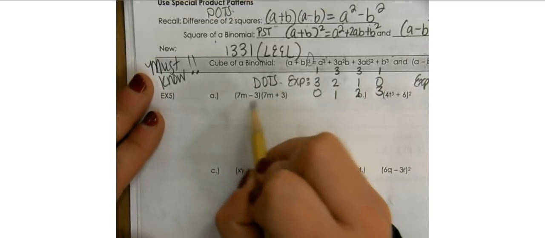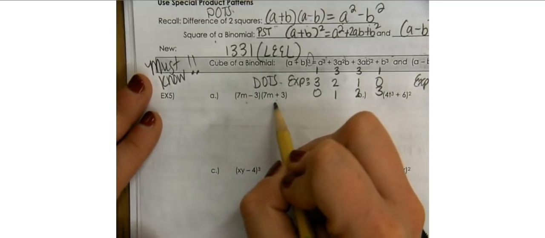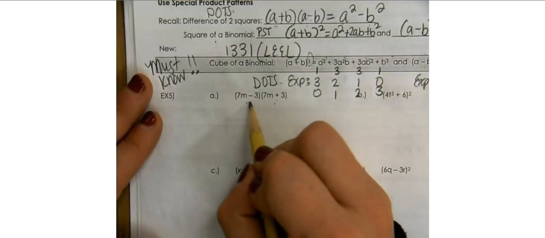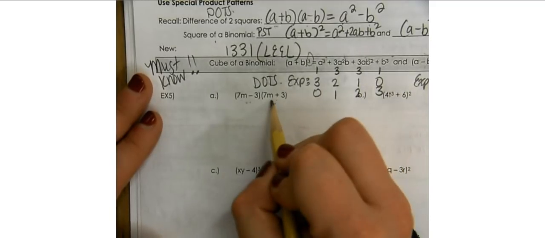Let's look at letter A. We have 7m minus 3 times 7m plus 3. This is considered a difference of two squares situation, because each parenthesis has the exact same information in it. The only difference is that one has a minus and the other has a plus.